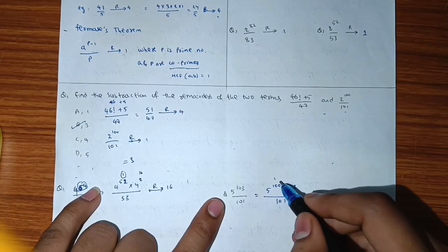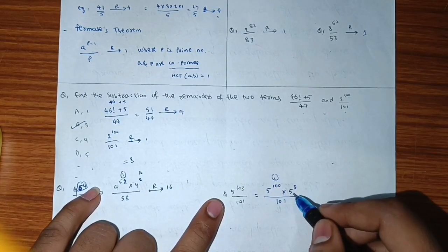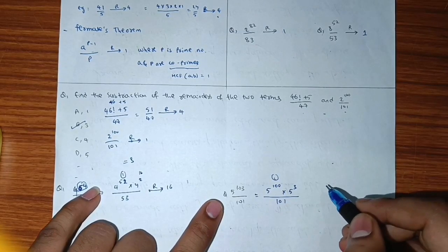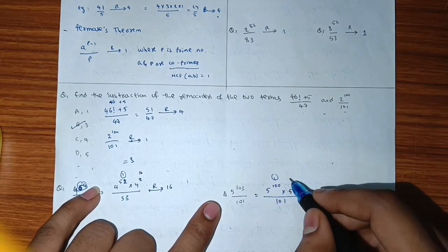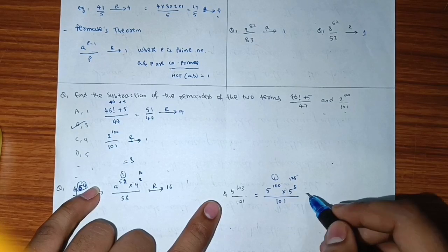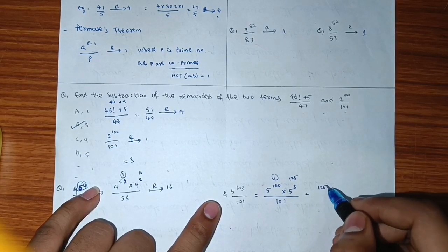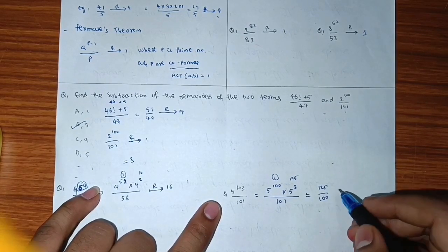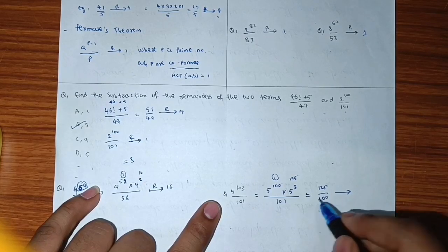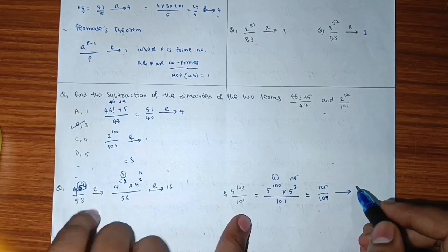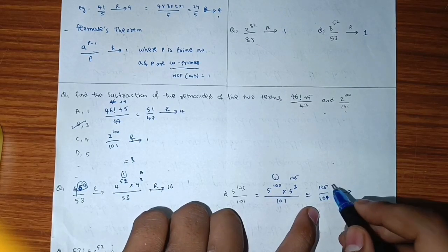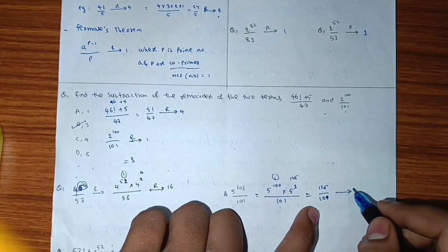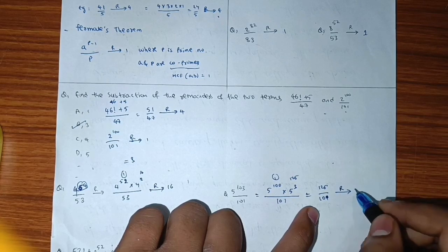So here the value is 1. Again 5 power 3 is 5 square, which is 25, into 5, which is 125. Now 1 into 125 by 101. The remainder will be 101 into 1, which is 101, and the leftover value as the remainder is 24.